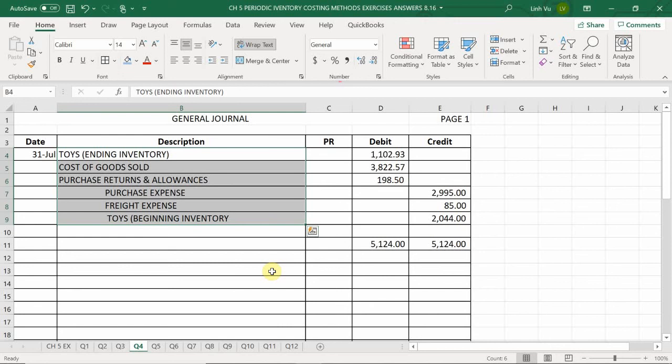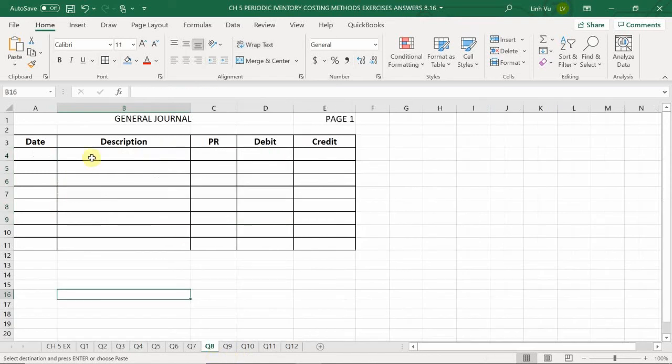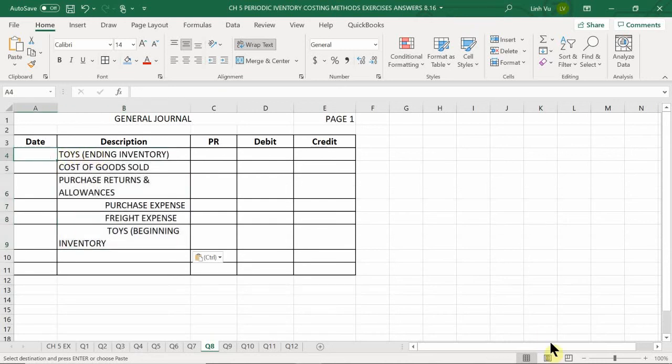So we're going to recognize ending inventory, beginning inventory, our cost of goods sold, our purchase returns and allowances, our purchases, and yes, so we're on question 8. Okay, we're going to paste that in here because we are now on September 30th.